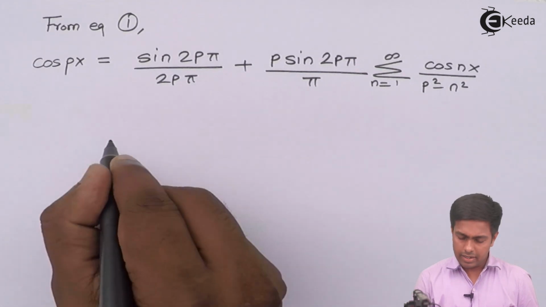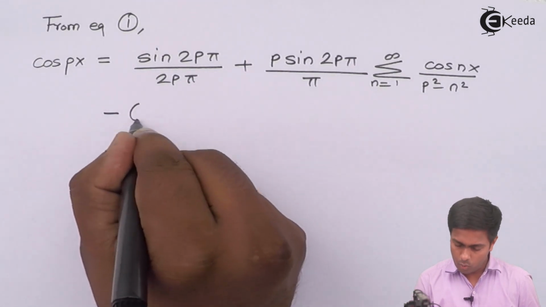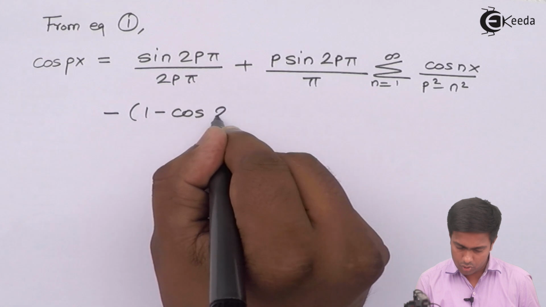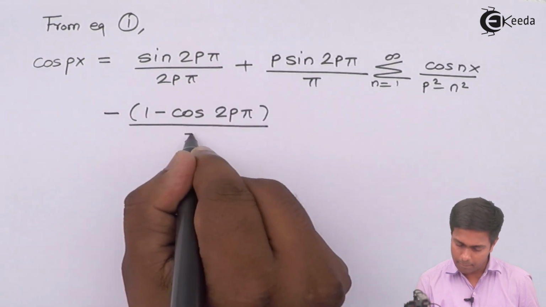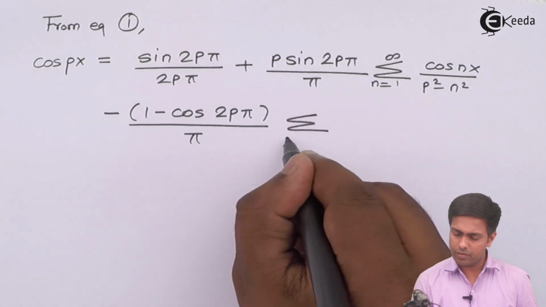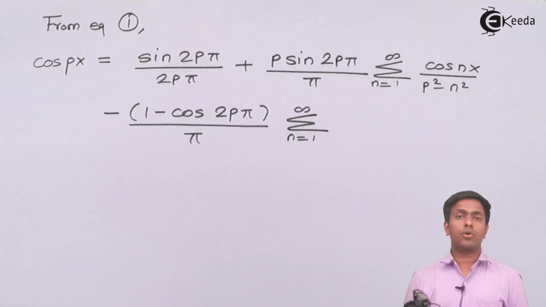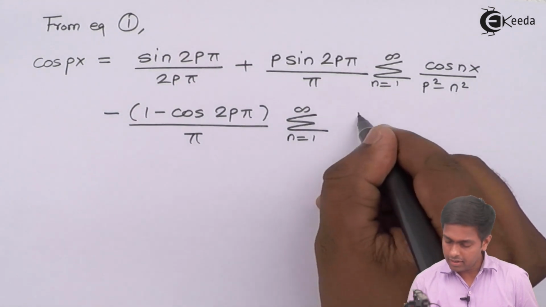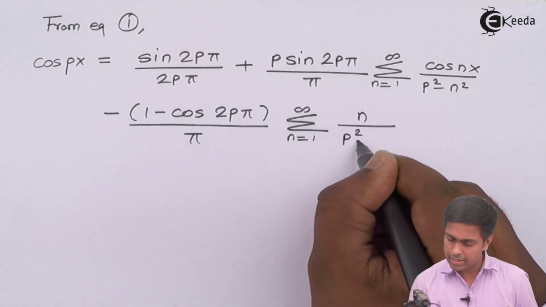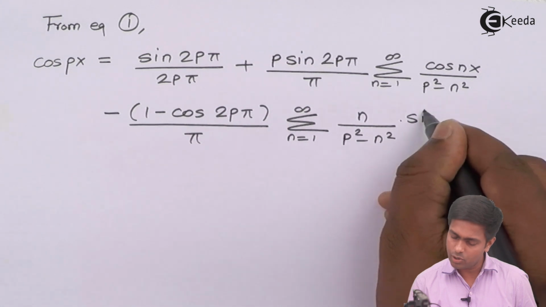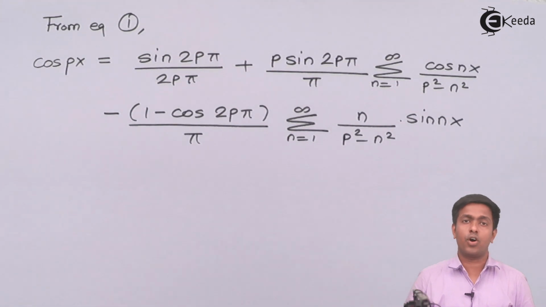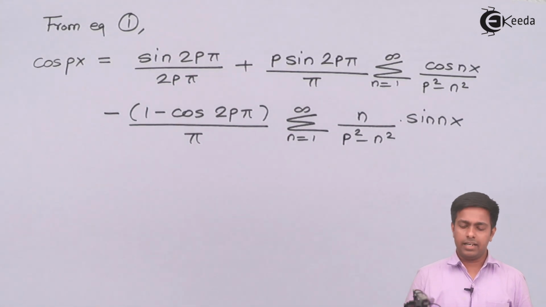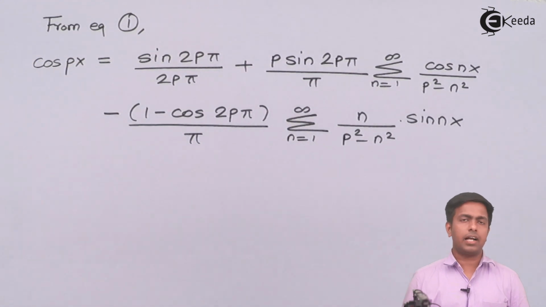So we will get negative (1 minus cos of 2p pi) whole upon pi, and in the summation we will get n equal to 1 to infinity n upon p square minus n square into sine of nx. So guys, here we get the Fourier series for cos of px. Now after this we'll start with the deduction.